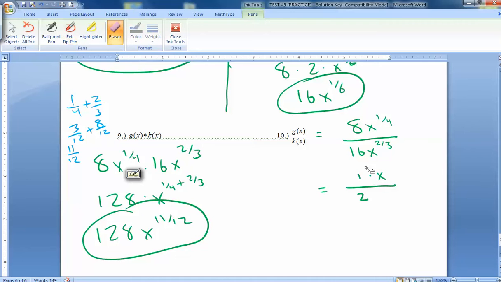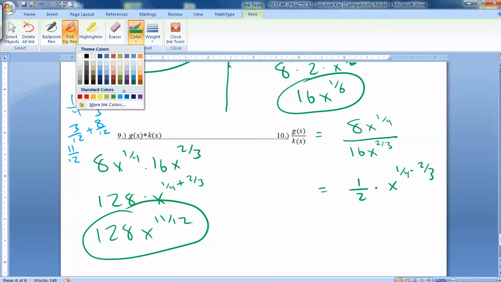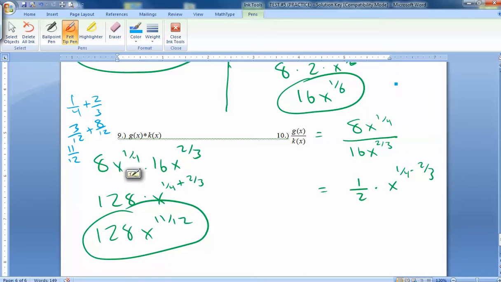So one thing you could do is write it as 1/2 times x to the 1/4 minus 2/3. And off to the side here, 1/4 minus 2/3 is 3/12 minus 8/12, which of course is negative 5/12.